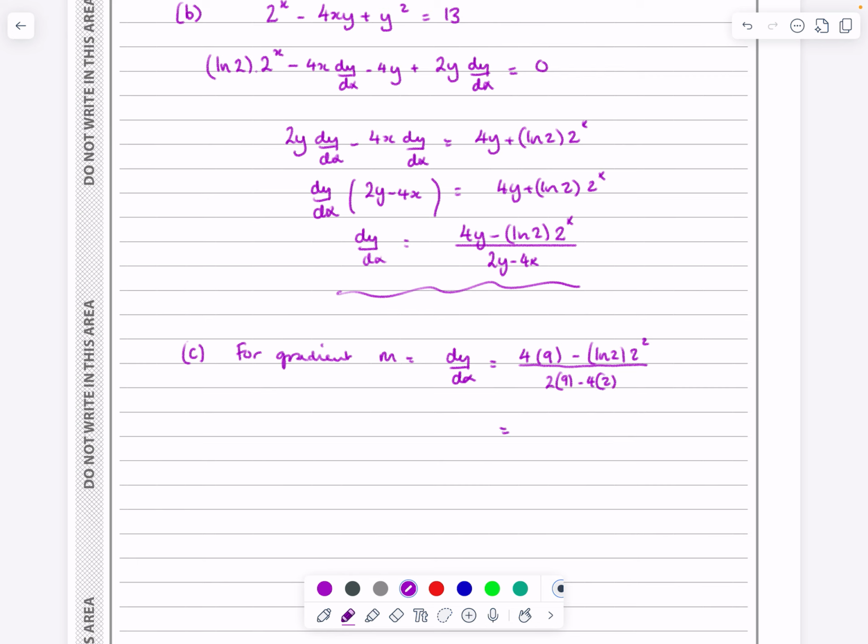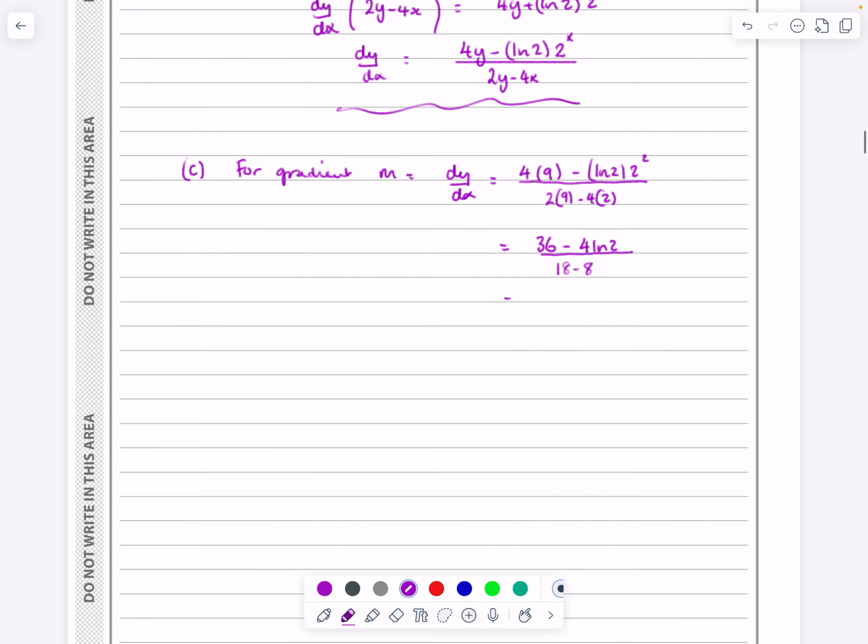So let's tidy that up and make that as neat as possible. That's 36 minus 4 log 2, all divided by 18 take away 8. So I'm going to write that properly as 36 minus 4 log 2 all over 10.